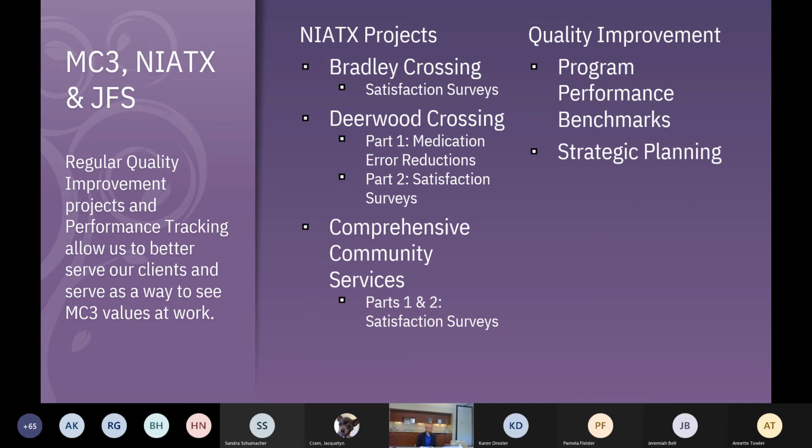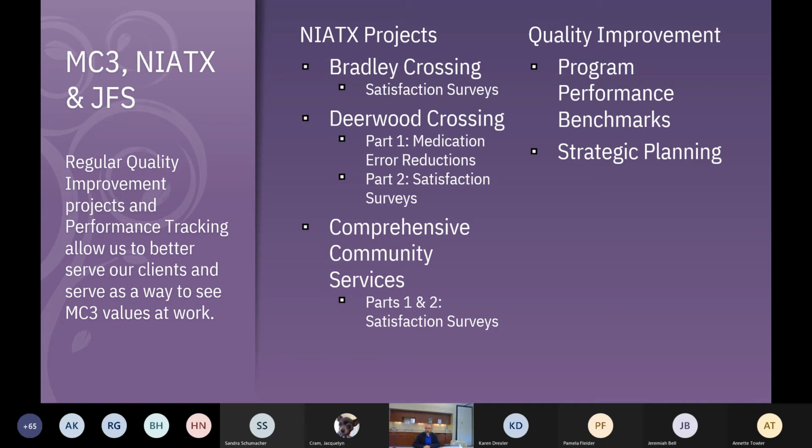We do a lot of starting with satisfaction surveys, getting that information, going through our charter with NIATx, and then finding ways to change the practice and track it. We started at Deerwood Crossing with the medication error reduction project two years ago now. We're following that up with the satisfaction survey, and then following that up with more changes in training and paperwork and practice.